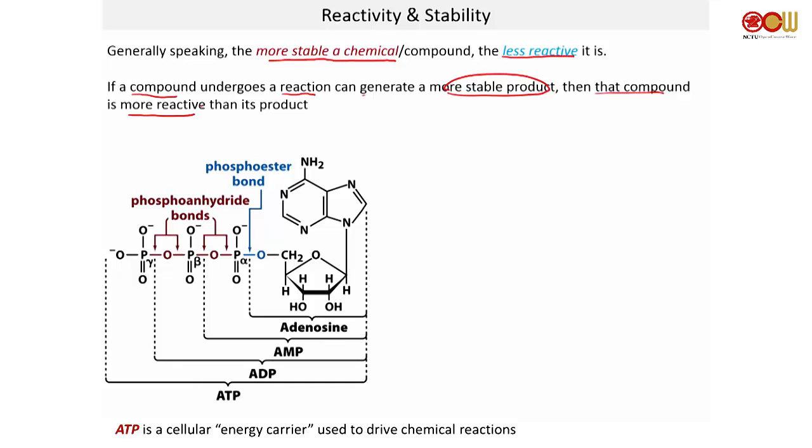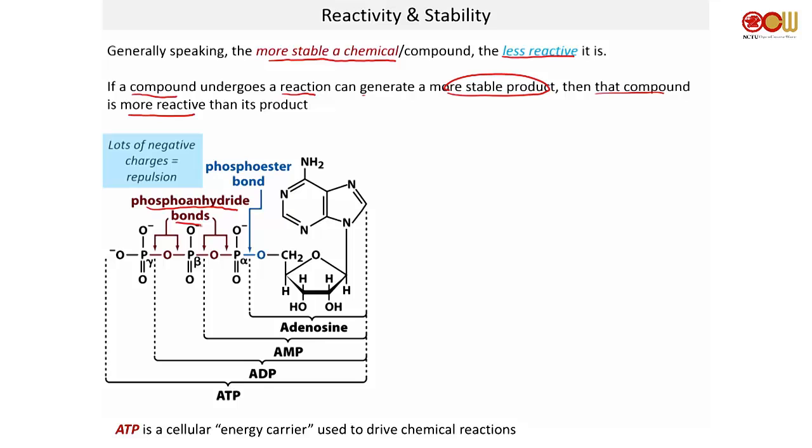We all know what ATP is, hopefully, those of you that took biology. It's the cellular energy carrier used to drive chemical reactions. It has these phosphoanhydride bonds, and I can tell you right now, those have high energy. Let me show you why.